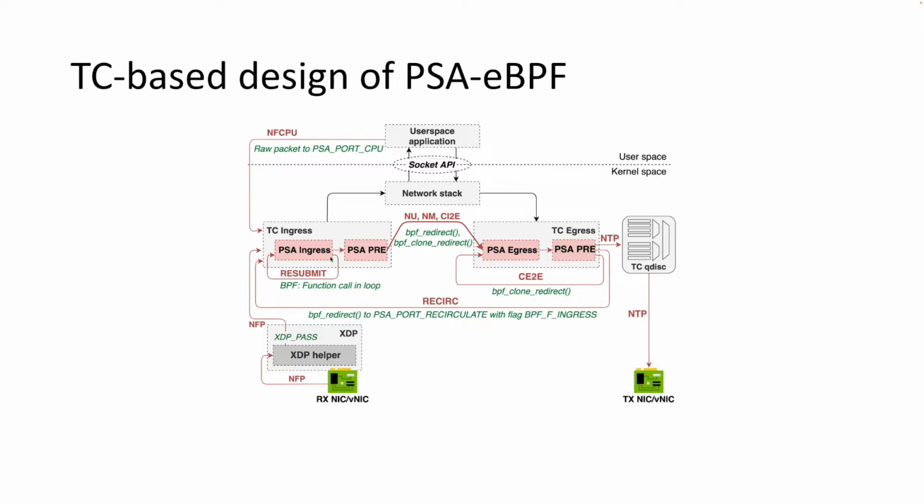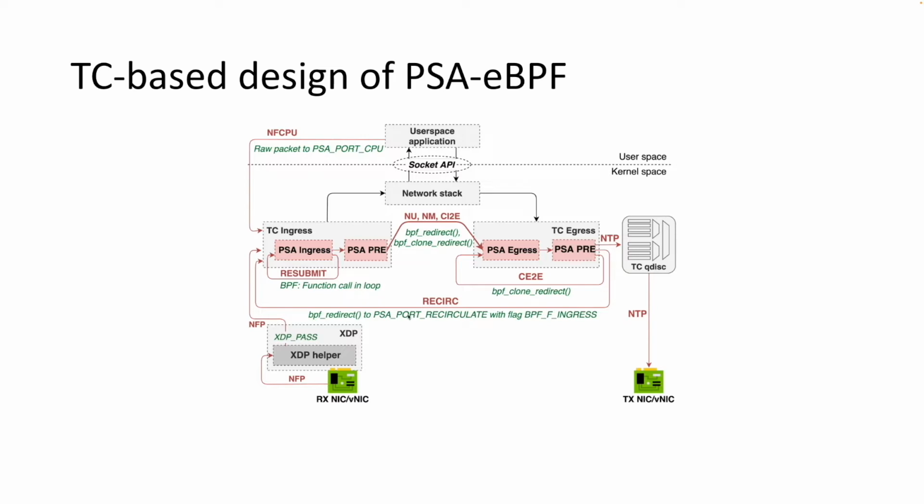Packet resubmission can be performed in the ingress pipeline, and it is done by calling an ingress eBPF program in a bounded loop. In the egress pipeline, a packet can be cloned and sent again to the egress pipeline for processing. This is done by the egress part of packet replication engine, and the BPF clone redirect is used for that.